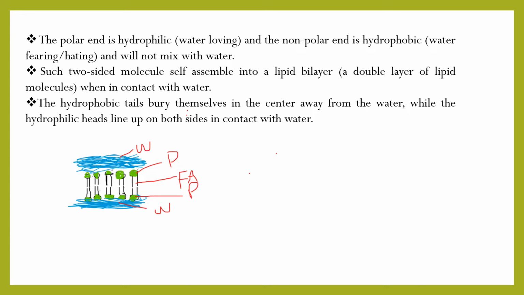As already said, the phospholipid has two main parts: the polar end part, which is hydrophilic or water-loving, and the non-polar end, or the hydrophobic part, which is water-fearing or water-hating. Whenever the phospholipid molecule is mixed with water, it doesn't mix with water.